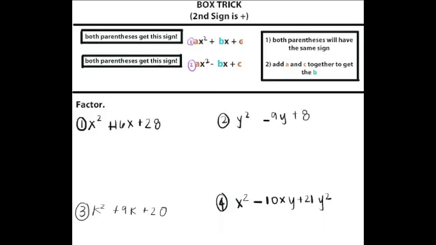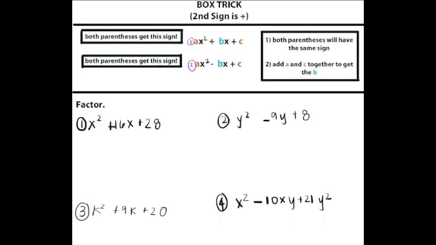And what's special about today's box trick specifically, I'm going to do box trick over the course of 2 days, but today's is specifically focusing on when we use the box trick and we have this pattern of x squared, x, and then just a regular number, and the second sign is a plus, okay? So there's two situations.